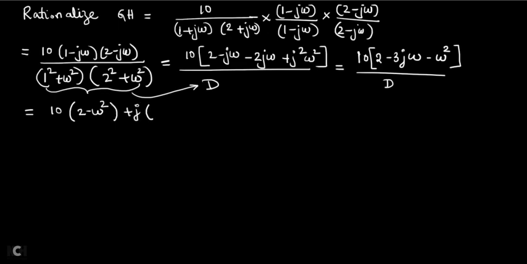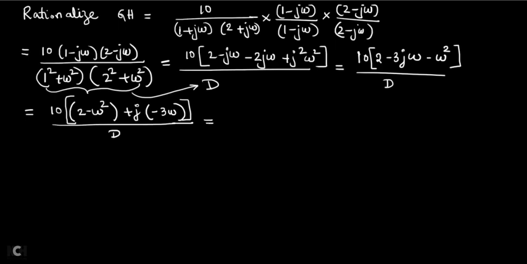What is left out if you take j common? Minus 3 omega, whole divided by D. I can separate the terms like this. Real part means wherever j is not there: 2 minus omega square into 10. And j into like this. I forgot to put the brackets, so 10 is multiplied for both the terms.